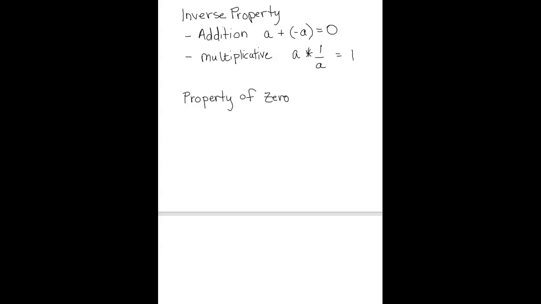Whatever number you pick for multiplying, our A, and that's any number at all, and we multiply that by 0, we get 0. It doesn't matter whether I go 0 times A or A times 0, that's going to get me a 0 as a result.